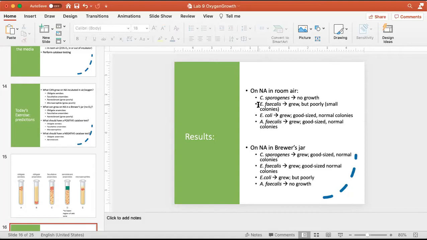The Enterococcus faecalis grew, but it grew poorly, very small colonies. The E. coli grew, good-sized, normal colonies. And the Alcaligenes faecalis grew, good-sized, normal colonies.